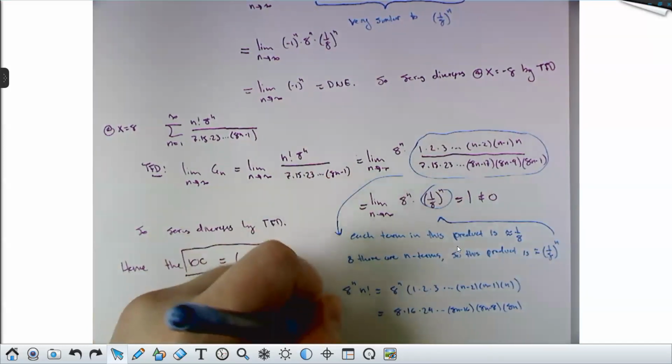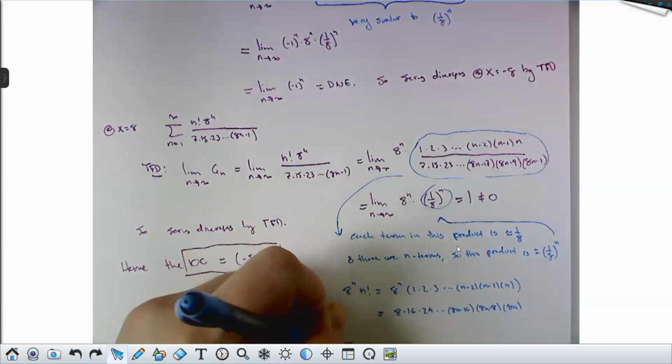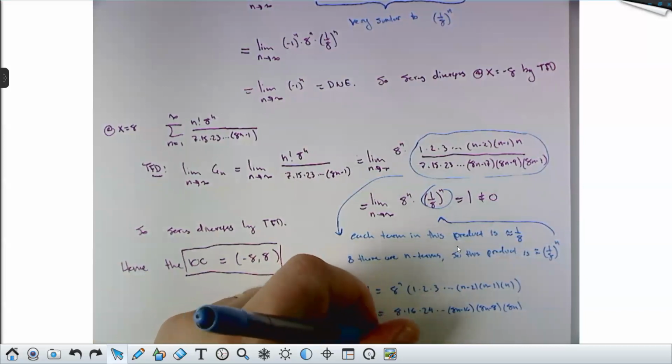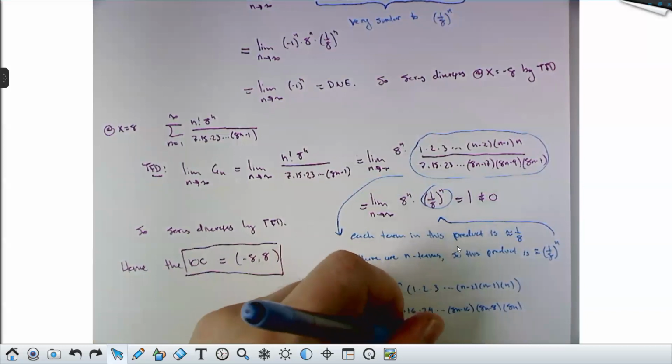So that ratio, 8 to the n over n factorial, divided by 7 times 15 times 23, all the way out to 8n minus 1. I'll write the last 3 terms: 8n minus 17, 8n minus 9, 8n minus 1.